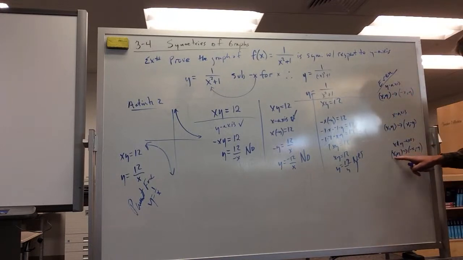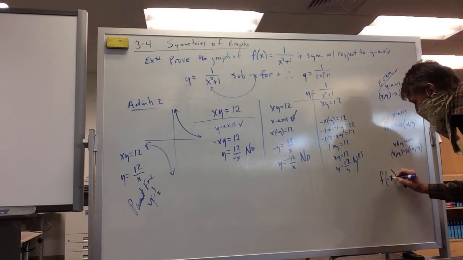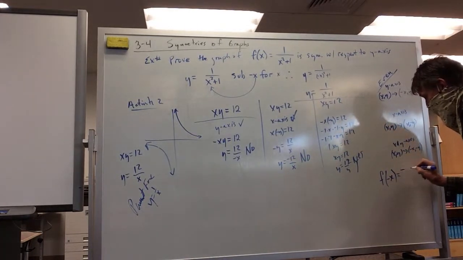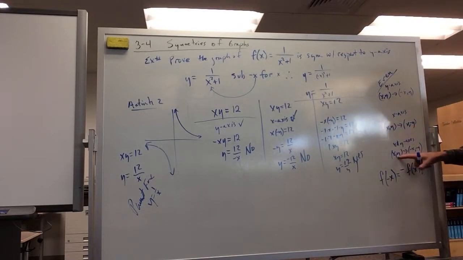But this one here, if you take the function of the opposite of x, is it equal to the opposite of the function of x? The function of x is y, so the opposite of y is negative y. So when you take a negative x, you get a negative y.